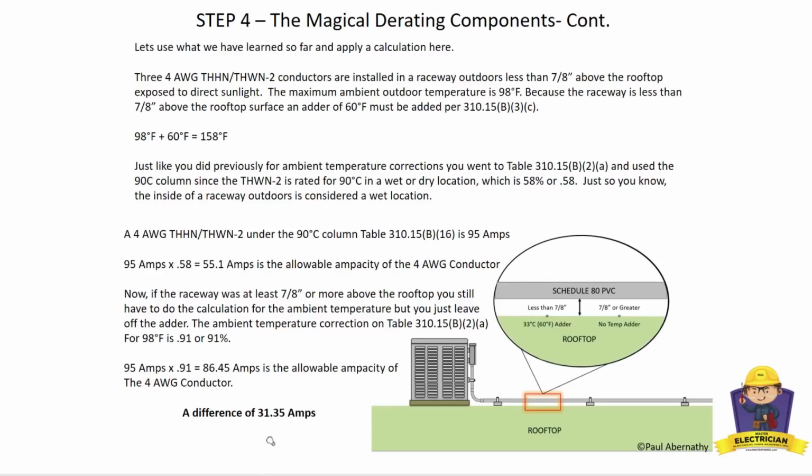In fact, it's 31.35 amps difference. That is huge. So you have to take that into consideration because ultimately I could have selected a 4, but after I apply the actual correction for the ambient, which was 98 degrees, plus the adder of 60 degrees F, I might have a conductor now that actually can't handle the load, which is going to result in me having to move to a larger size conductor.